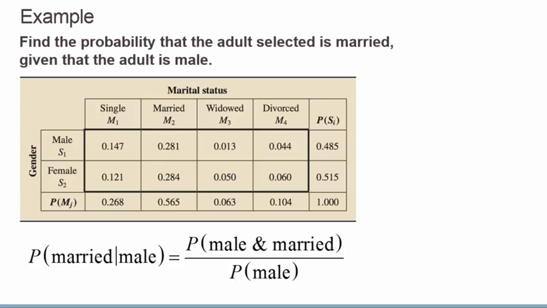Male and married has a probability of 0.281. Male is mentioned after given, so we want the total for the probability male, which is 0.485. Our setup is 0.281 divided by 0.485, which gives us 0.579.